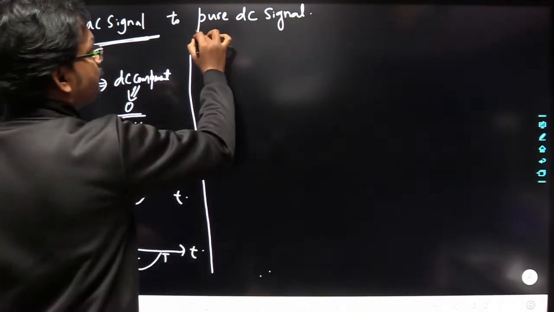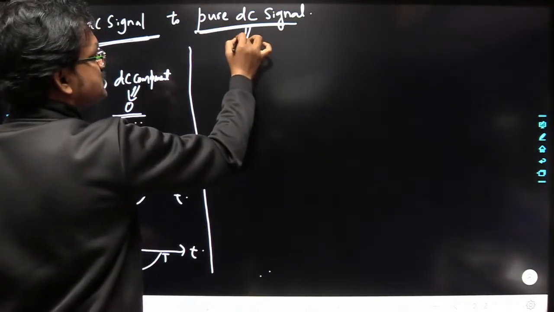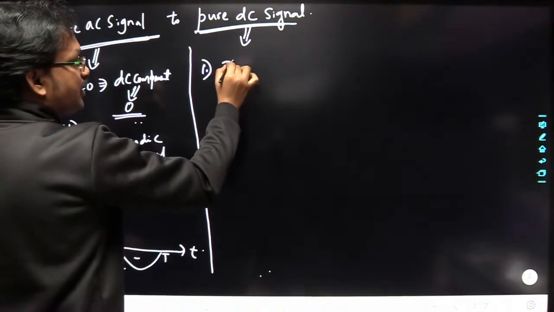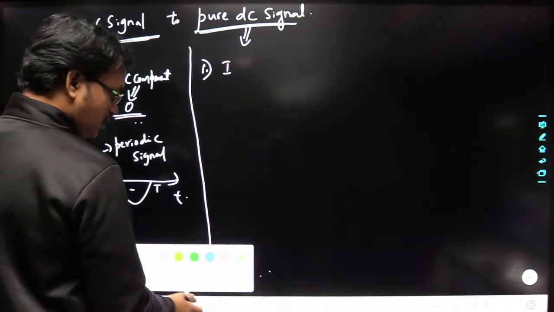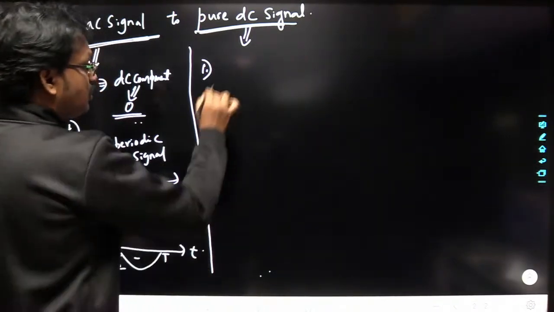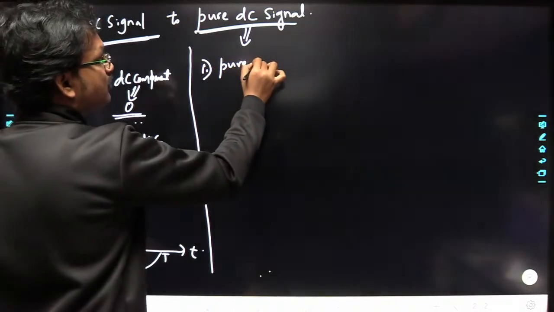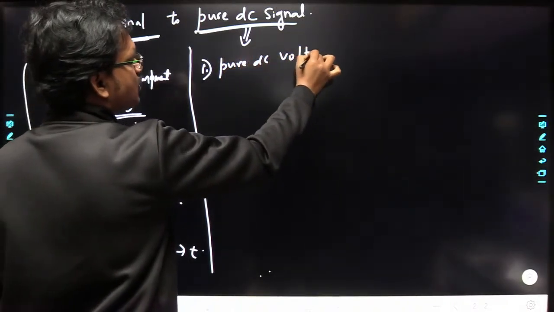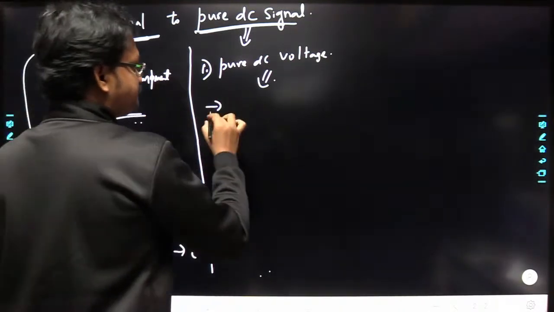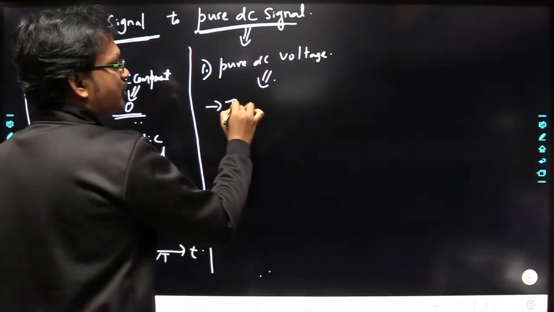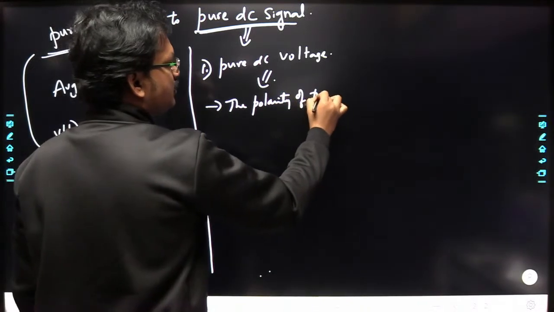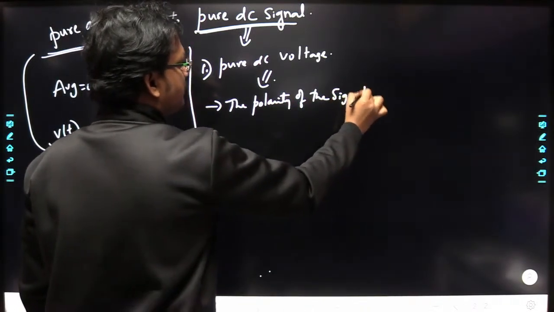So pure DC signal has two properties. What is the first one? If I am talking about a pure DC voltage signal, what is its property? The polarity of the signal must remain the same.